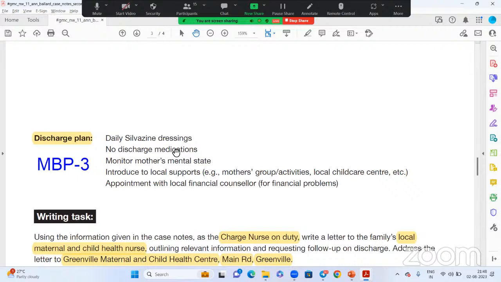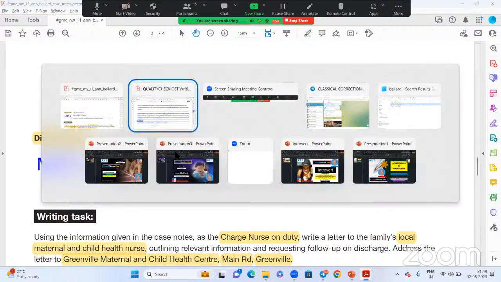Discharge medications are not required. Write any way you want to write. So there is no need of any further treatment. There isn't any further treatment recommended. Further treatment is not recommended. No other treatment is required. Discharge medications are not advised. Discharge medications are not provided. Whatever way you want to write. Okay, fine. No discharge medications.